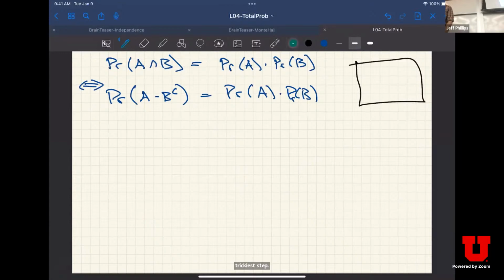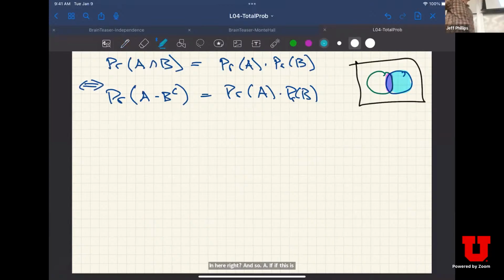Let me draw this. The intersection is just this region in here. If this is all of A, then I want to subtract off the complement of B. The complement of B, stuff not in B, is everything out here, but also stuff that's not in the intersection.